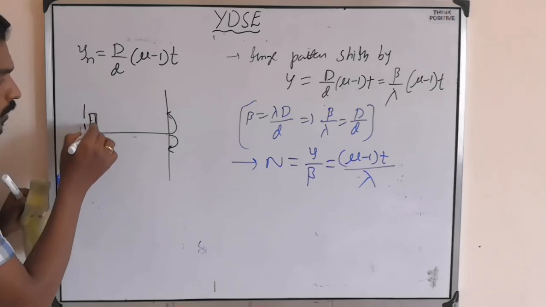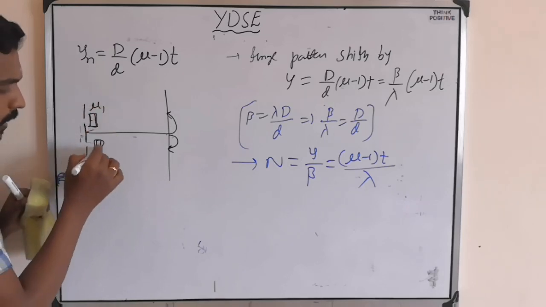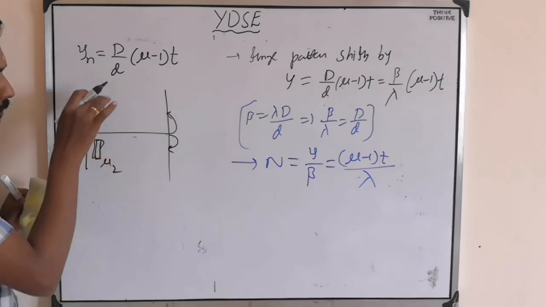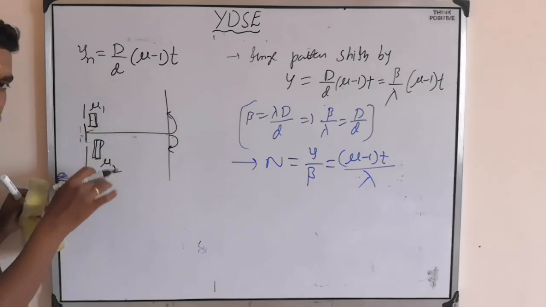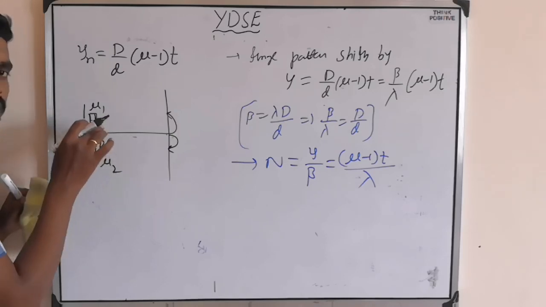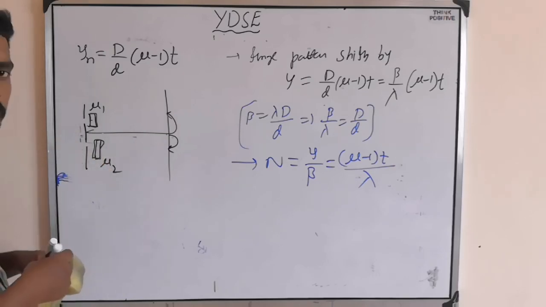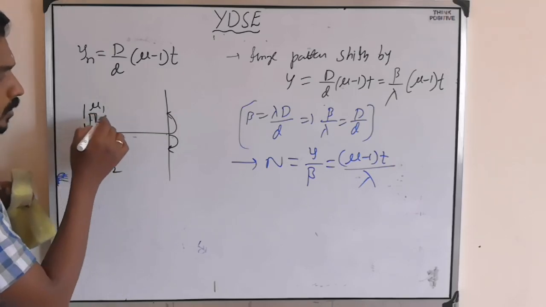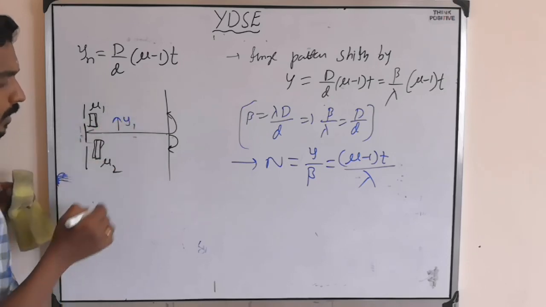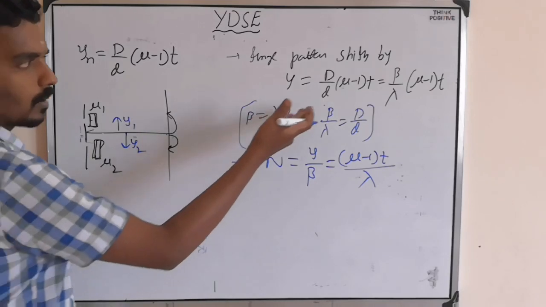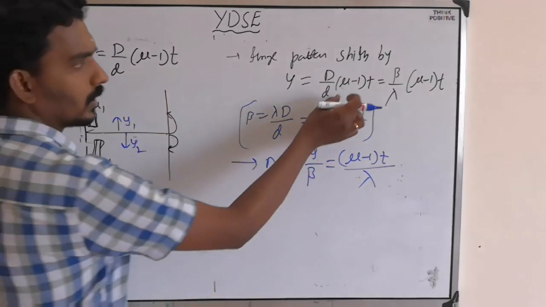Sometimes if you introduce mu1 here, mu2 here, then this will shift up, this will try to shift down. If this shifts more, then the resultant will become a subtraction. Look, suppose this is trying to shift up by y1, this is trying to shift down by y2. You know the formula.